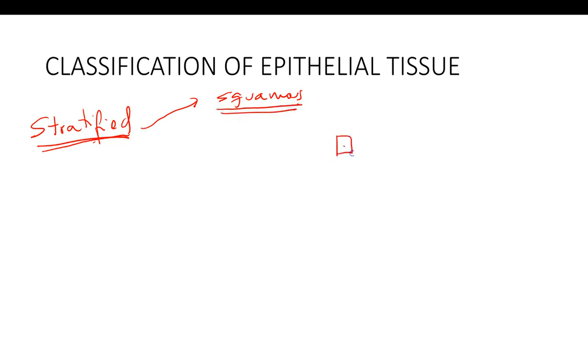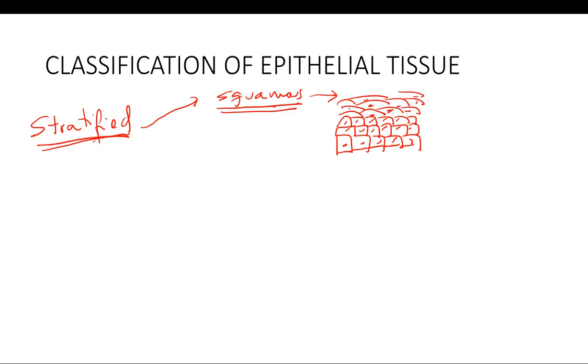So a stratified squamous epithelial tissue is going to have several layers, more than one layer of epithelial cells. And the layers that are going to be flat are going to be the ones on top in the apical surface. So those will be the squamous cells, and that's why the tissue will be called stratified squamous.